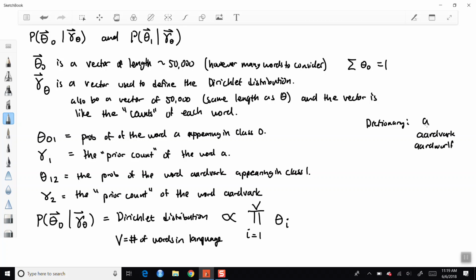Okay, so anyway, this is proportional to theta sub I raised to the gamma theta I minus 1. So it's theta I raised to the prior word count minus 1.